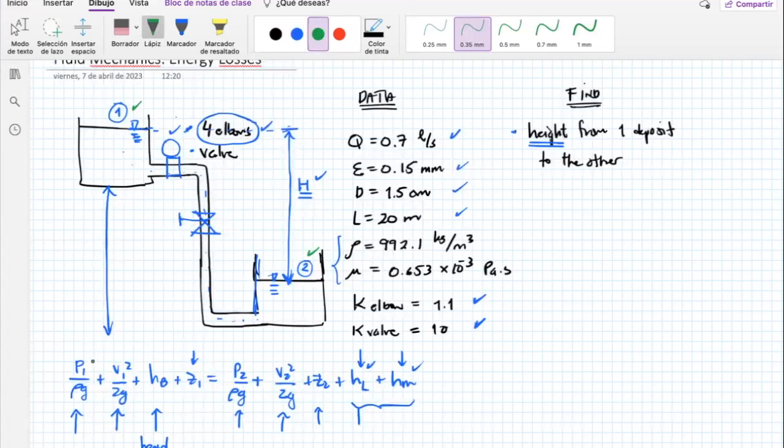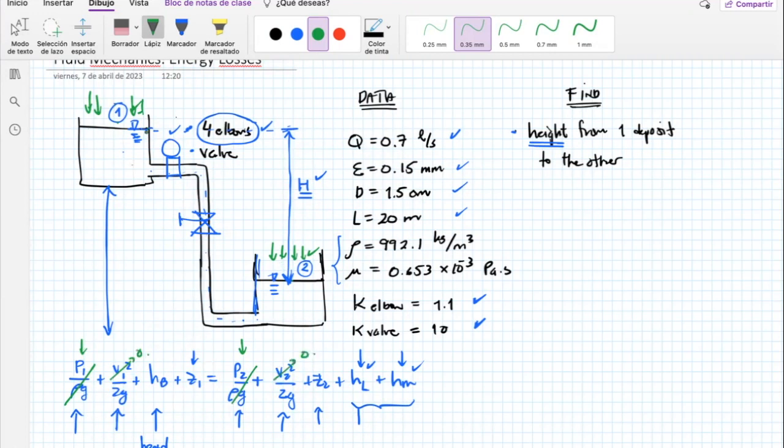For example, P1 is not 0, but it's equal to P2. P1 and P2 are located right at the atmosphere. The atmosphere is pushing here and the atmosphere is pushing there. So from 1 to 2, the atmospheric pressure won't change that much, so they are kind of the same thing. Also, V1 is 0 and V2 is 0.